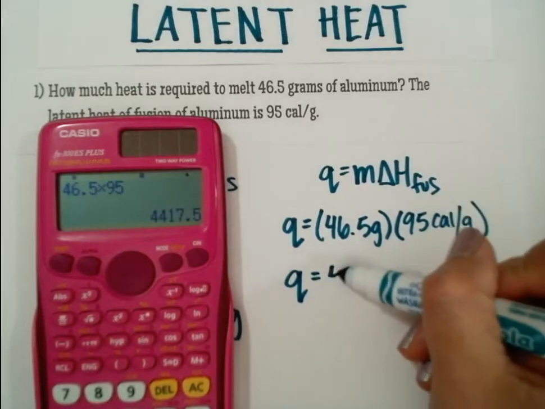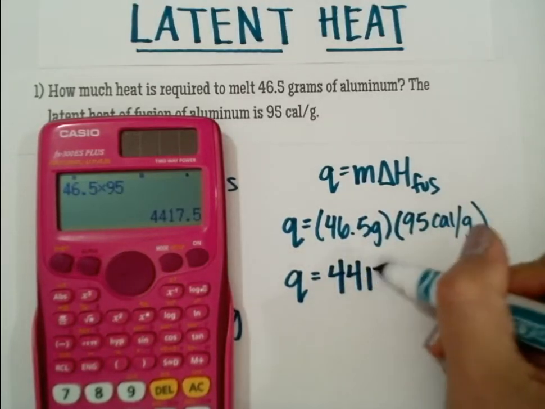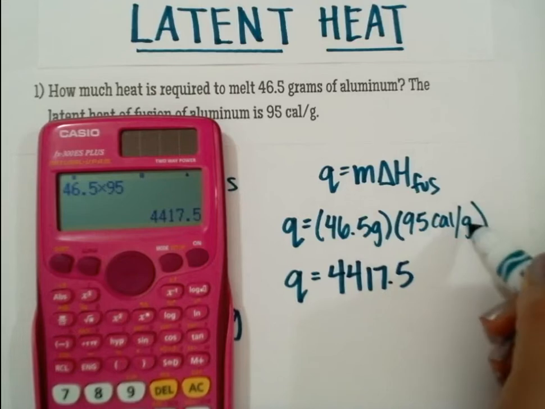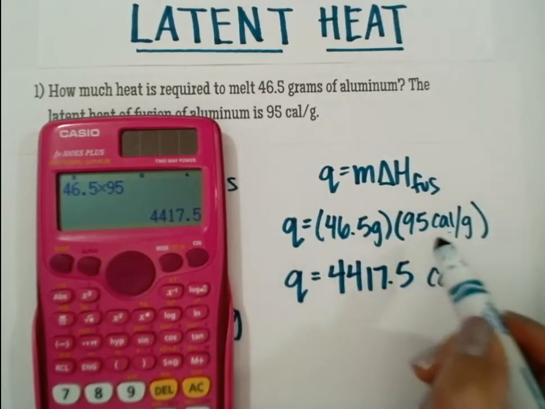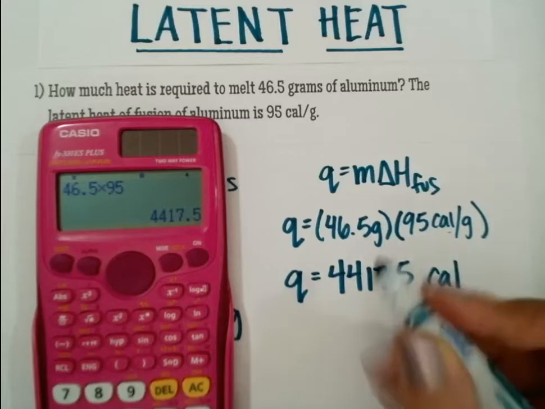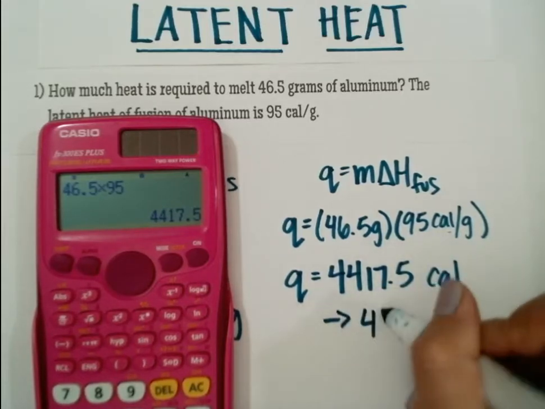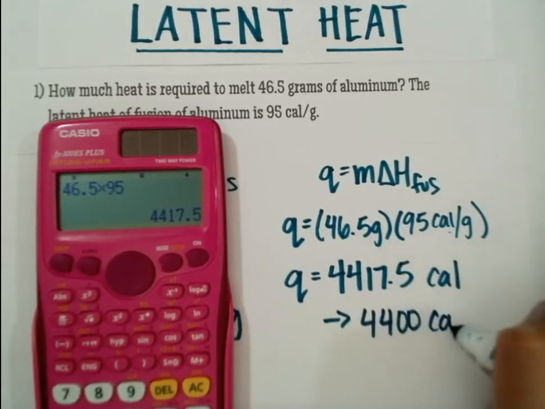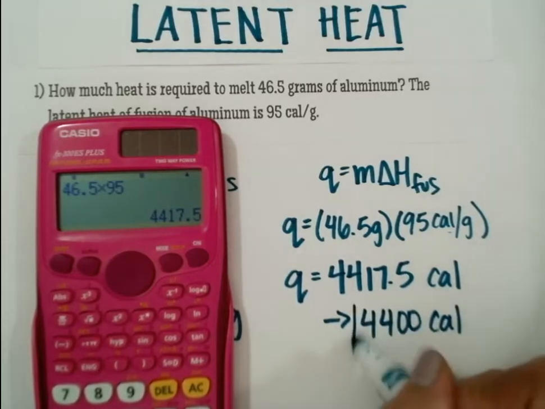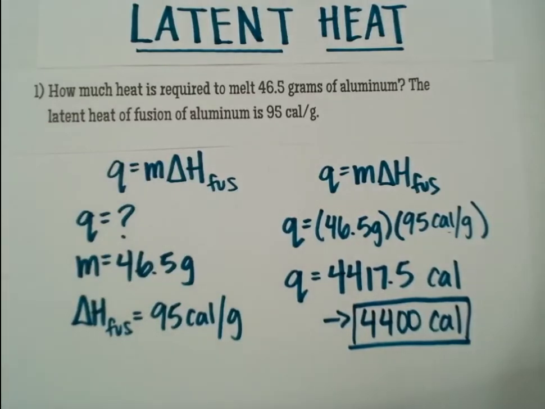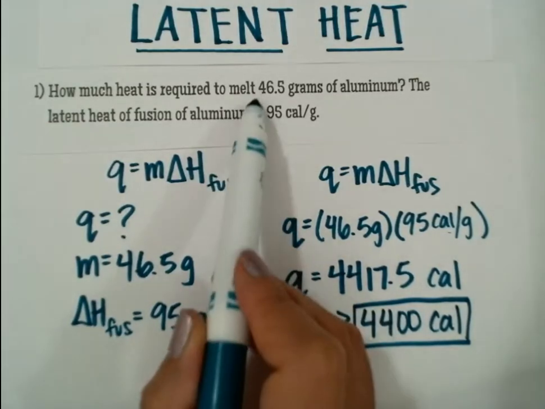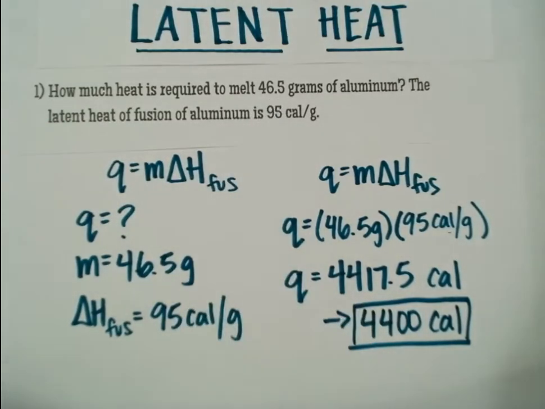And that gives me 4,417.5. This is going to be in the unit of calories. And as far as sig figs go, I have 2 up here, so my answer will be 4,400 calories. So what this means is that's how much heat is required to melt 46.5 grams.